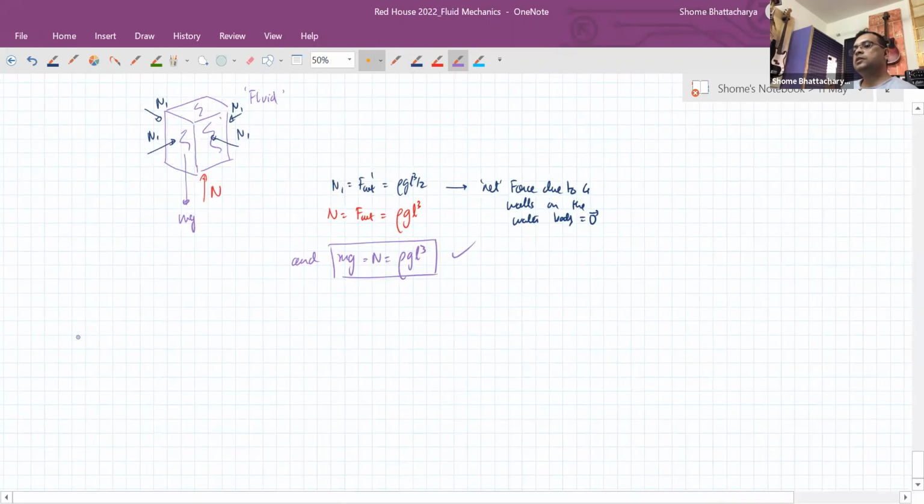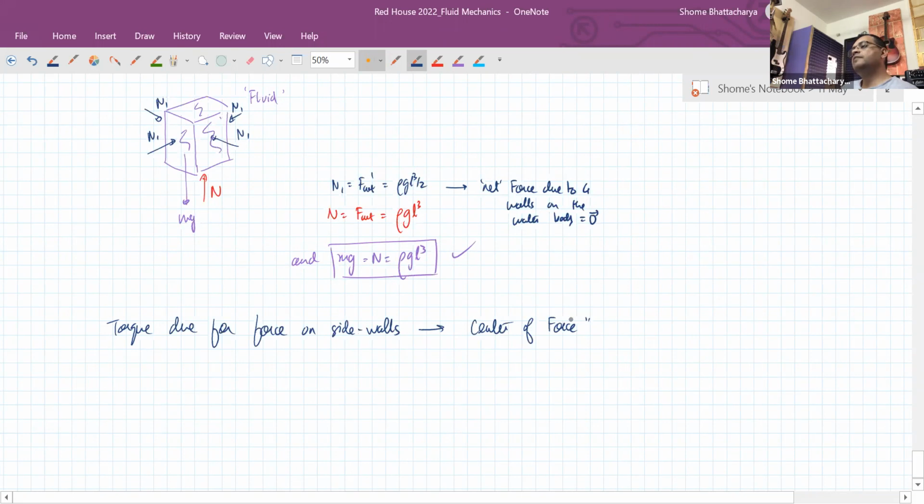And the other thing is we can also consider the concept of torque due to force on side walls. Okay. And from that, the center of force, like your center of gravity or center of mass, or later we'll study center of buoyancy also, like that there's a center of force for this net force that acts on each of it.